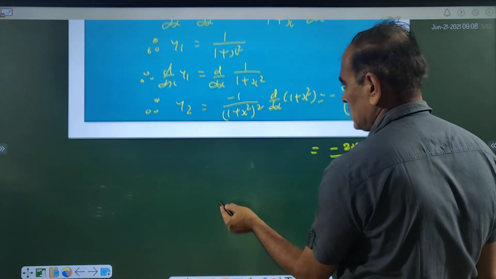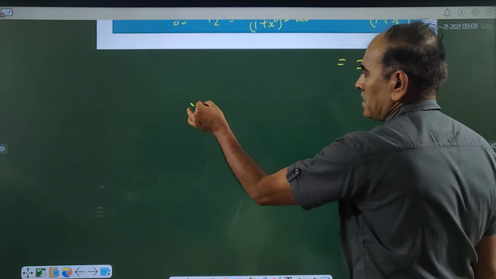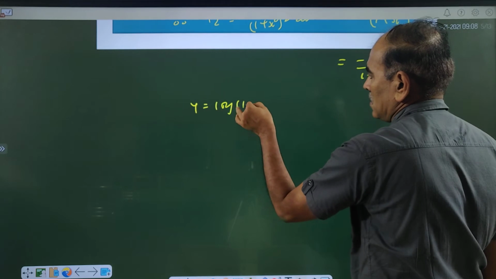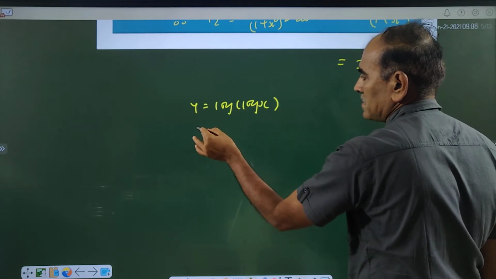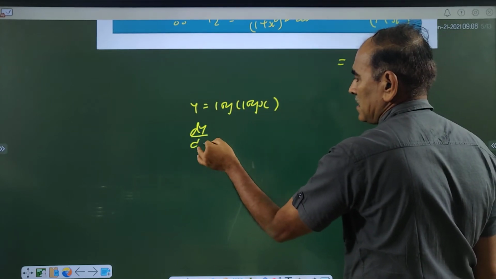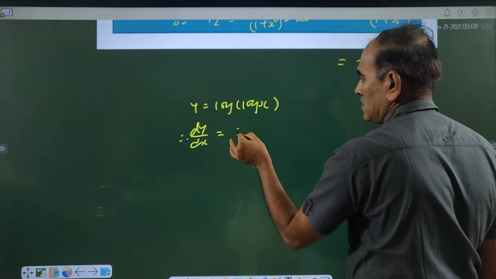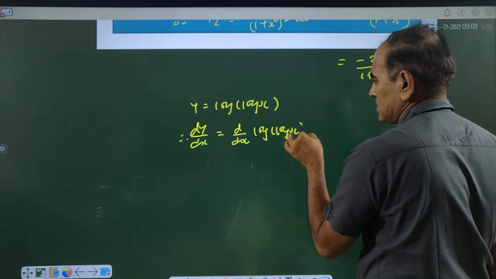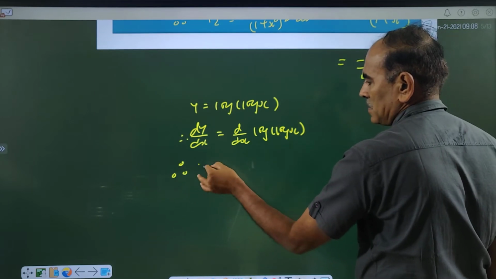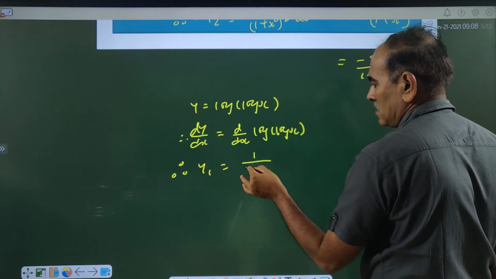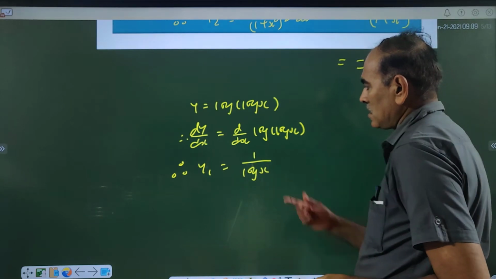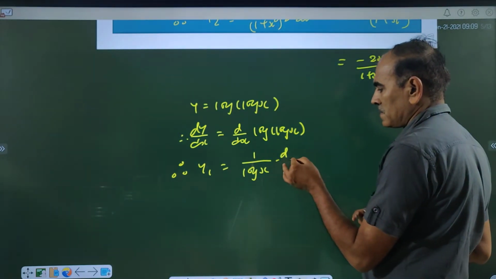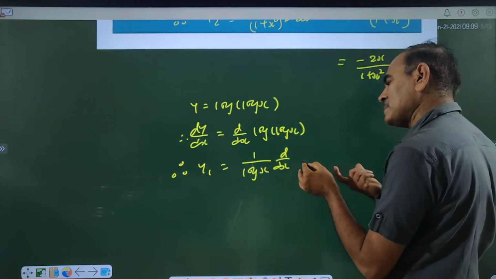Next, let us consider y is equal to log x. dy by dx is equal to d by dx of log x. And therefore y1 is equal to 1 over something, log something, 1 over something, d by dx of something.